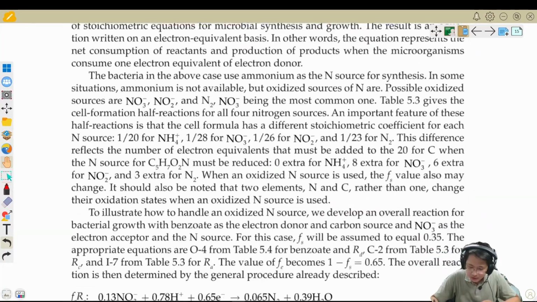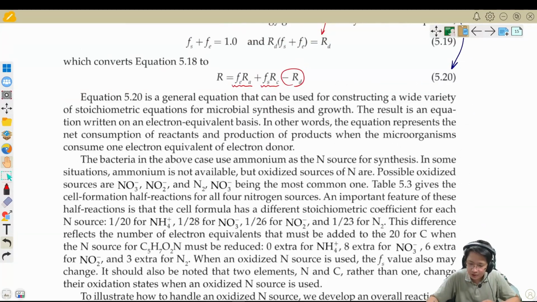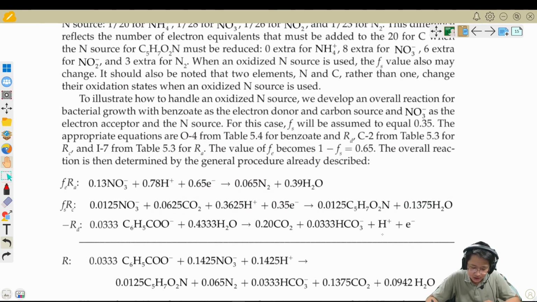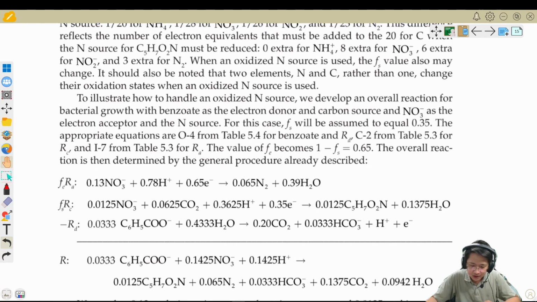Okay, so with the equation 5.20, we can use it to very easily calculate the overall reactions. As an example here, they are using oxidized nitrogen sources and also using benzoate as their electron donor.